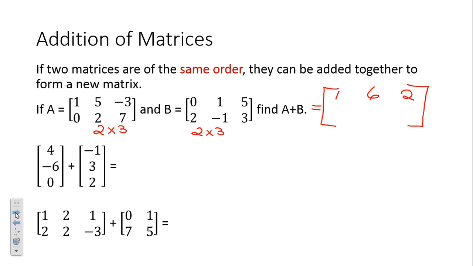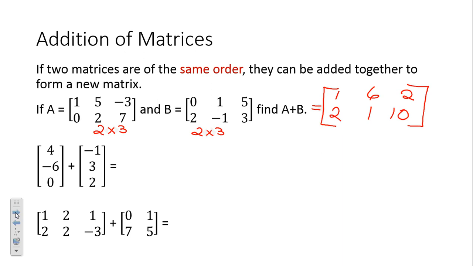Second row, first column. 2. Second row, second column. And second row, third column. Pretty simple, right? Okay.